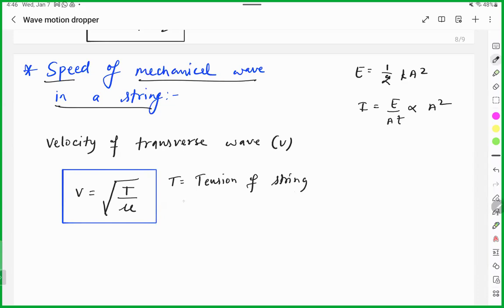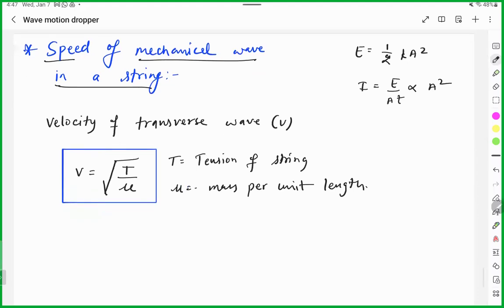And what is the mass per unit length? Okay. Now, depending upon the situation, you can do different stuff, but this is the basic formula. Any doubt, guys? It means speed in a string depends upon the tension in the string, and it also depends upon the mass of the string.